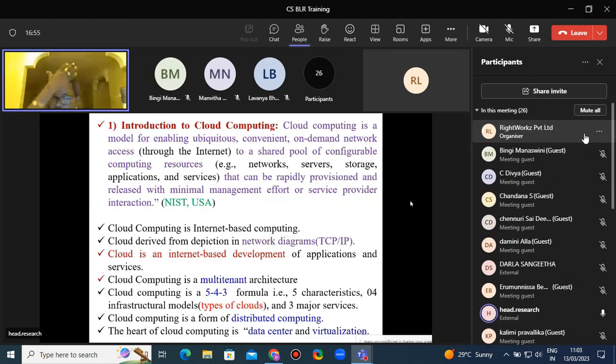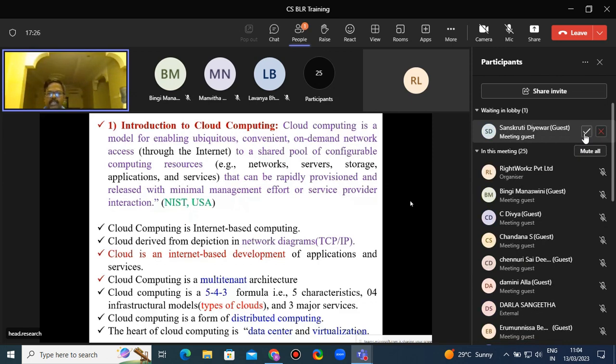So the first one is what is meant by cloud computing. Cloud computing is a model for enabling ubiquitous, means everywhere technology is present, convenient, on-demand network access through the internet to a shared pool of configurable computing resources.